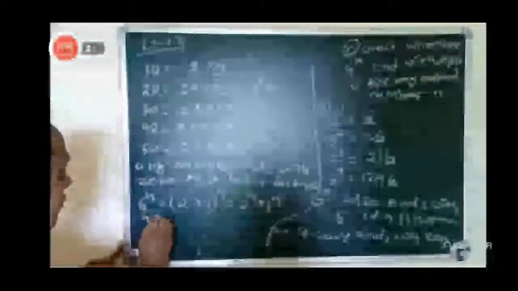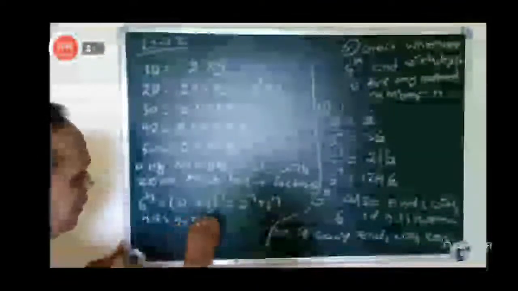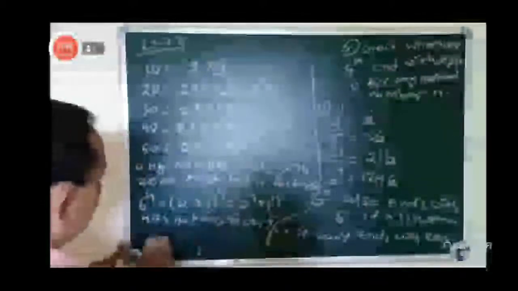But 6 to the power n equals 2 into 3 to the power n, which equals 2 to the power n into 3 to the power n. It does not have any factor 5. So 6 to the power n cannot end with 0.